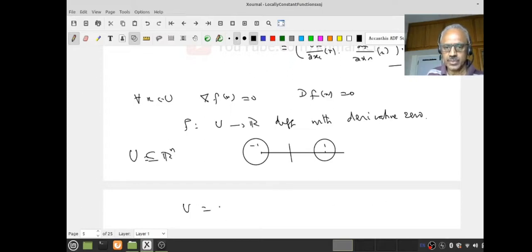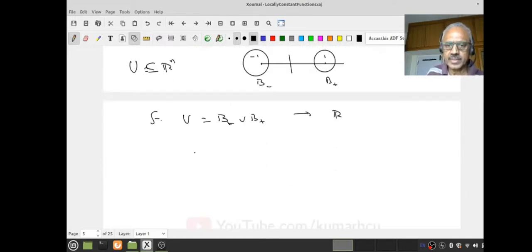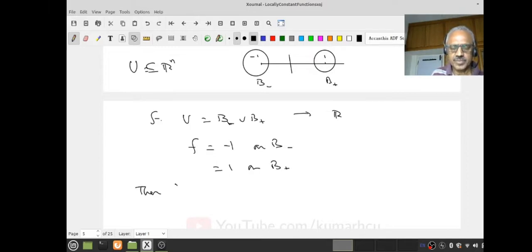So my U is B minus union B plus, and f from this to R, with f equal to minus 1 on B minus and equal to 1 on B plus. Then f is differentiable and the derivative of f at x is 0. The gradient is always 0, but f is not a constant.